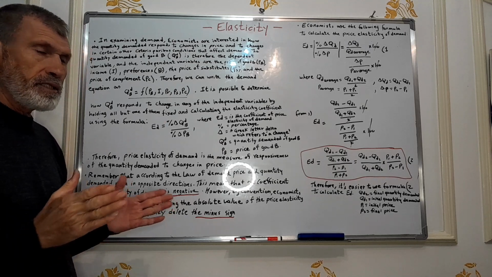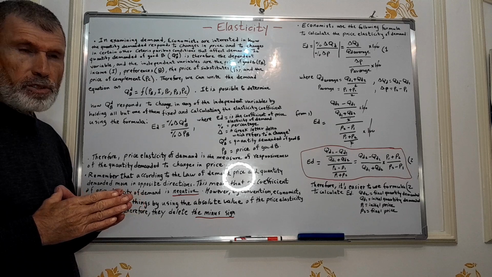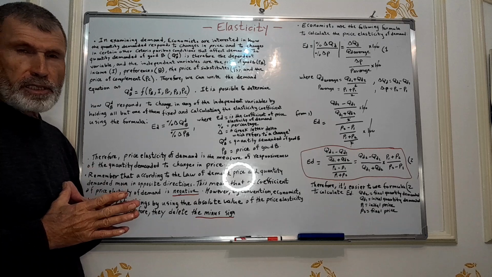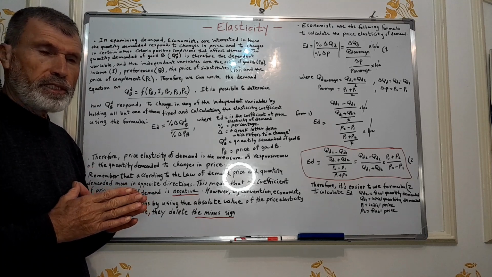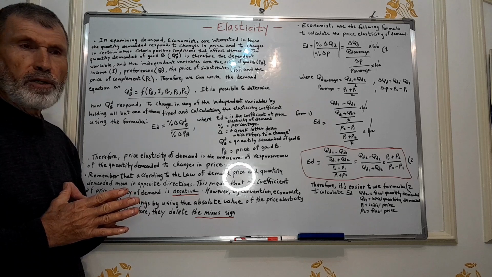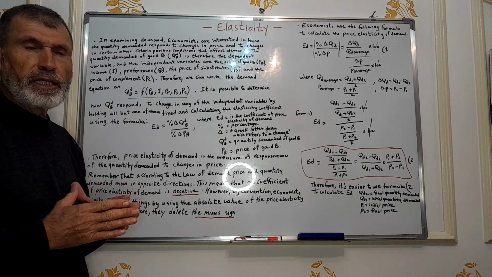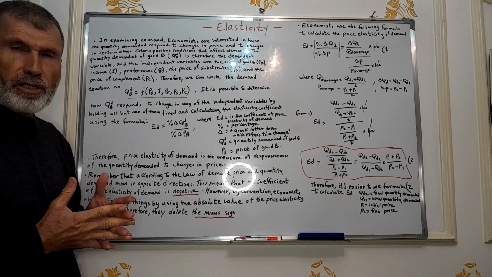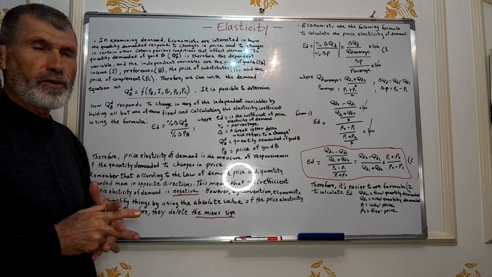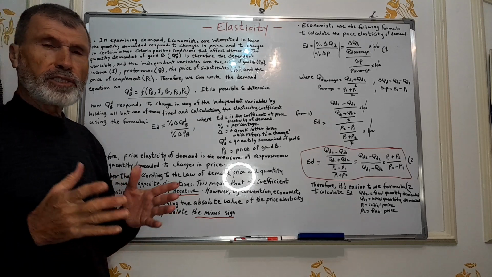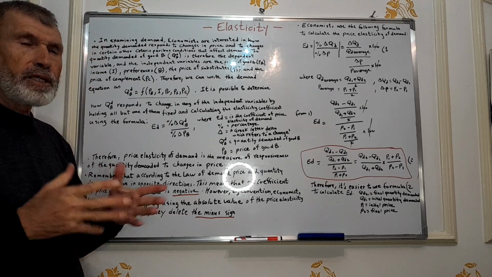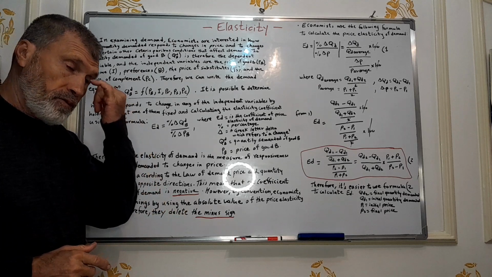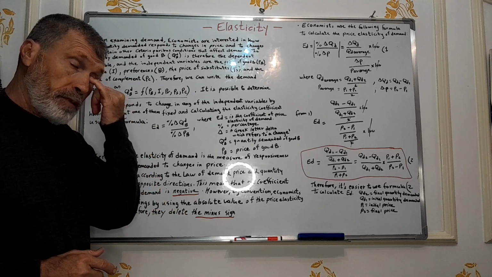If we take the demand function, we know that in addition to the price of the good in question, the demand also depends on other factors, such as the income, the price of substitutes, the price of complements, and preferences.